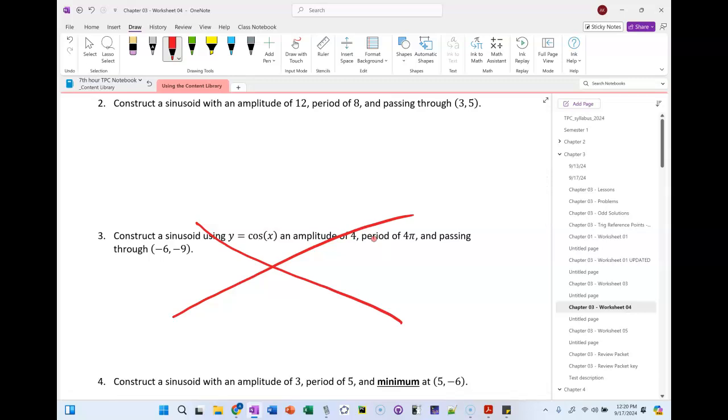Because it's asking you to do it the hard way, and we don't have to worry about it. It's saying, here's a free point and do this for cosine. I don't want you to do that. That's the hard version of that problem. You'd never want to choose to do it that way. Let's not worry about practicing it that way.